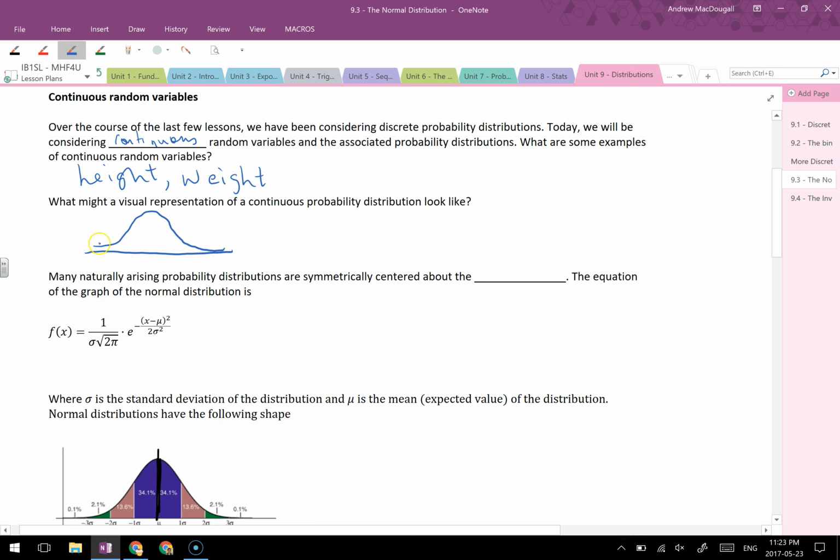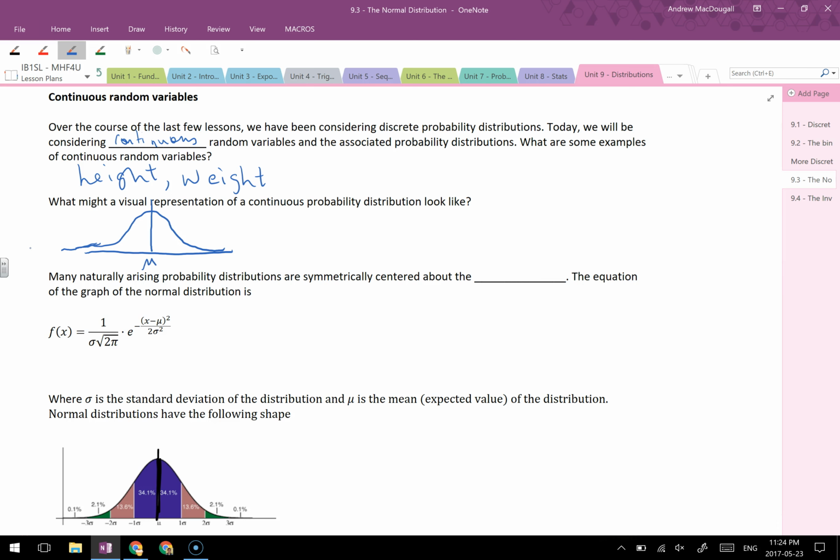And actually the continuous probability distributions we're going to look at are all going to have this bell-shaped curve. This is called a normal probability distribution, and it is centered around some average, which we will use the Greek letter mu to represent. Now these are asymptotes on the left and right. They actually do go on forever, which may or may not be realistic for your situation, but very little of the data lies in these tail areas, so we just choose to ignore those.